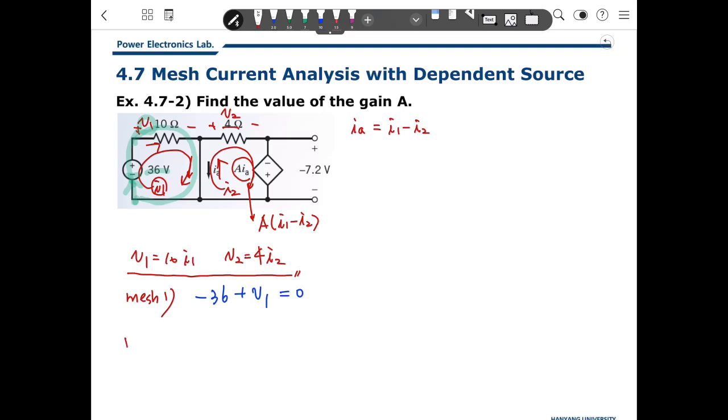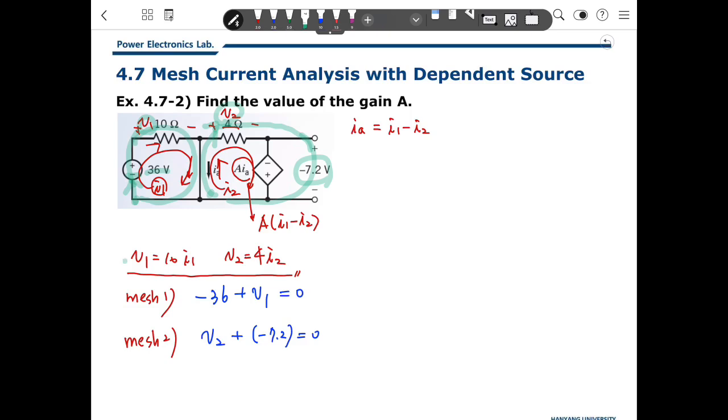The second mesh: I will start here, and I meet plus V2, and I meet plus minus 7.2. So we write plus minus 7.2, and at the end it is 0.